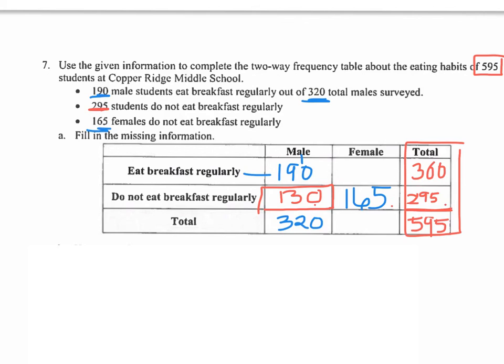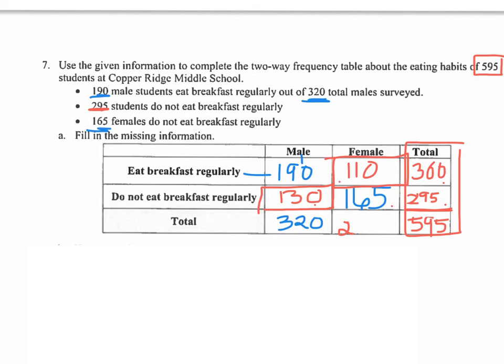All right, so now let's see. We can fill in this box by knowing that 190 plus this number is equal to 300. So that means this has to be 110. And then 110 plus 165 is going to give us 265 here.